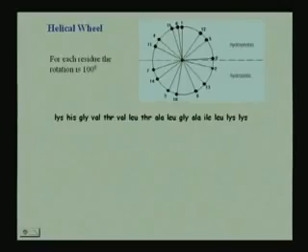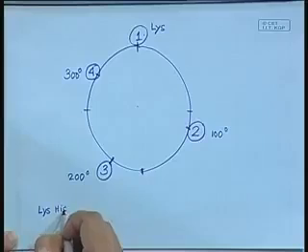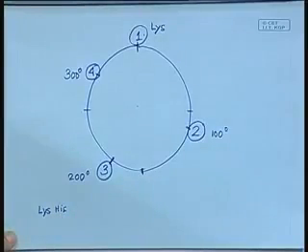Now, if I want to construct a helical wheel for this, right, let us construct it. So, for 1, I have lysine, right. You copy down the sequence that we have here. It is lysine, histidine, glycine, valine, threonine, valine, leucine, then threonine, alanine.